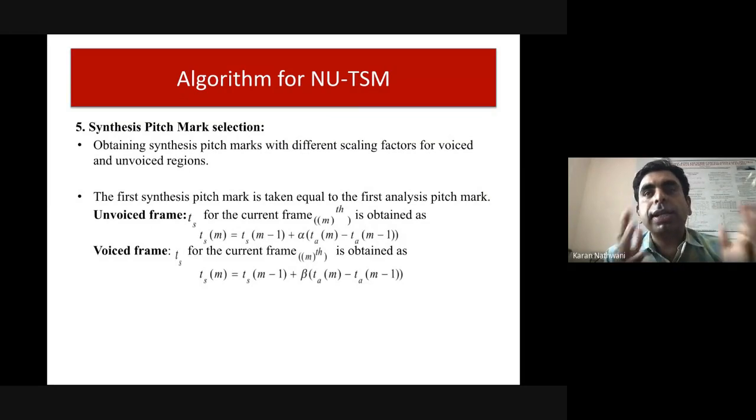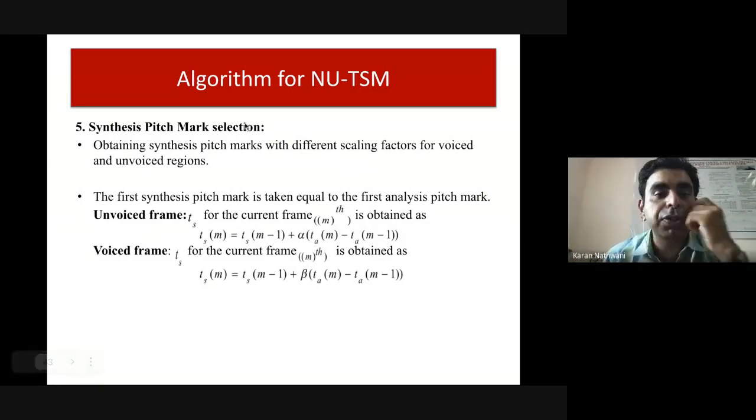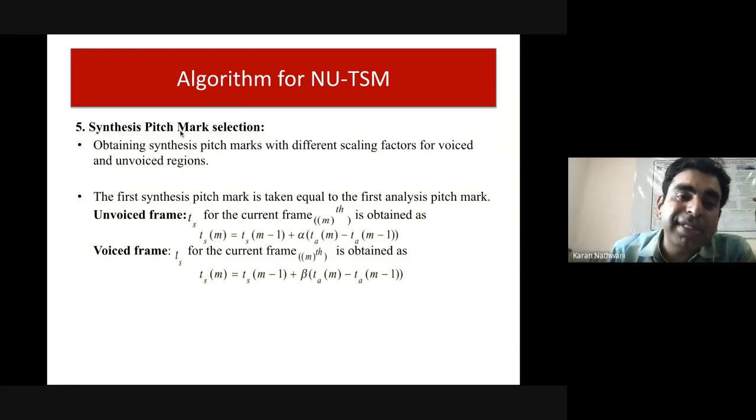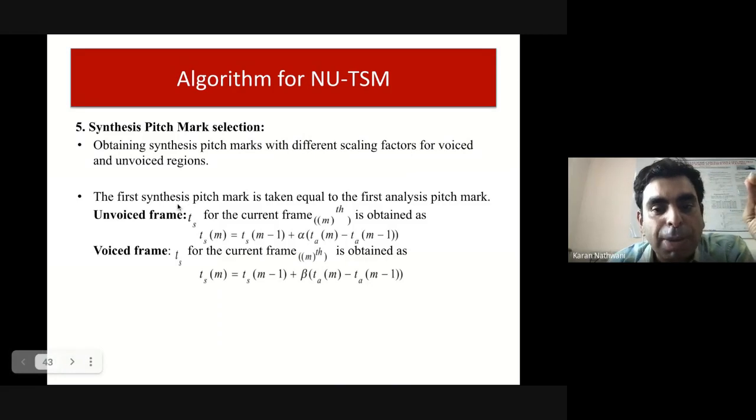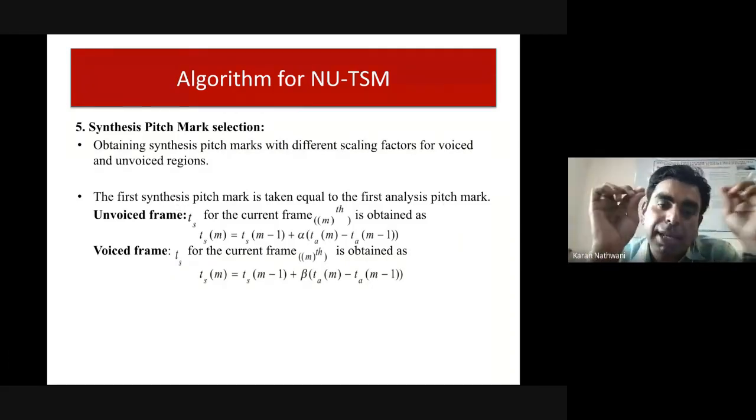Now, once I have the TAs, that is, the analysis pitch marks, I'll shift them and form the synthesis pitch marks by a different amount. Again, the first synthesis pitch mark is the same as the analysis one; the TA starting point is the TS.